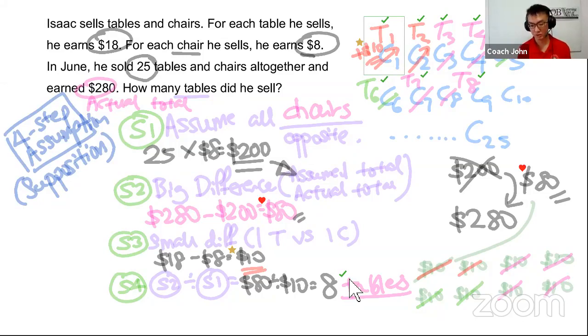I shared with him how I teach and explain guess and check to his daughter. He took this method and shared it with his class, and most of the children finally understood how the guess and check 4-step assumption method works rather than purely memorizing.